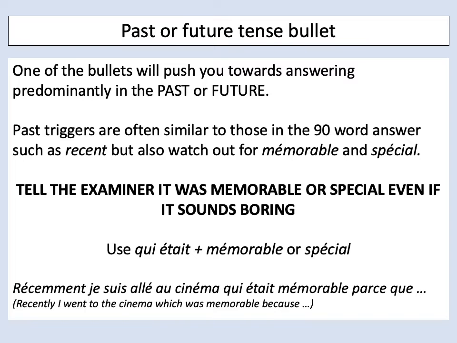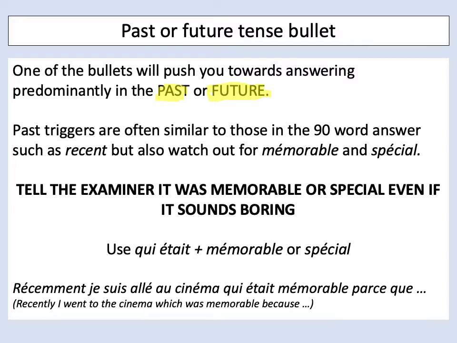Right, next thing, still keeping the idea of relevance in there. The past or the future tense bullet, the other bullet that you get will be pushing you towards either answering in the past or answering in the future. So you need to watch out for that. First off, very similar to the 90-word question, you need to be looking for the trigger words.